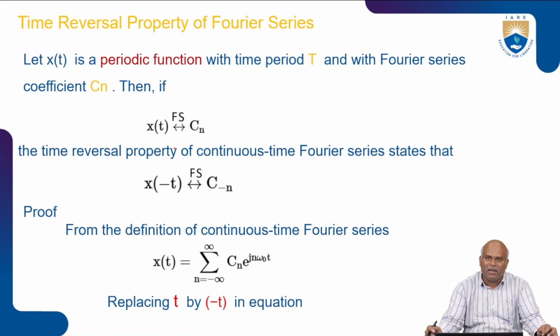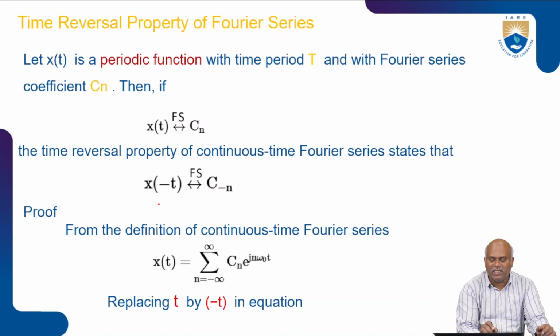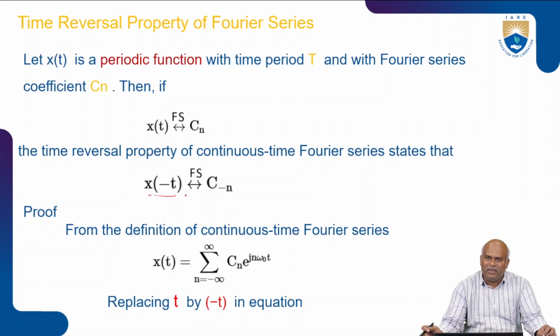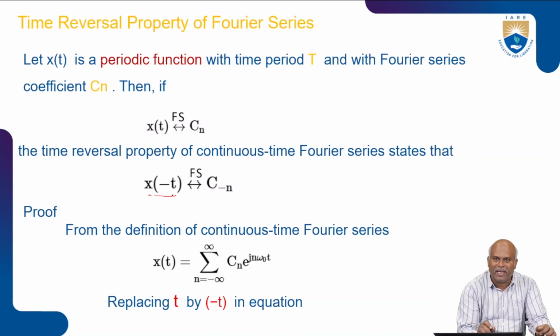The time reversal property of continuous time Fourier series states that if time sign changes in the input continuous periodic signal, the time reversal is represented as x of minus t.